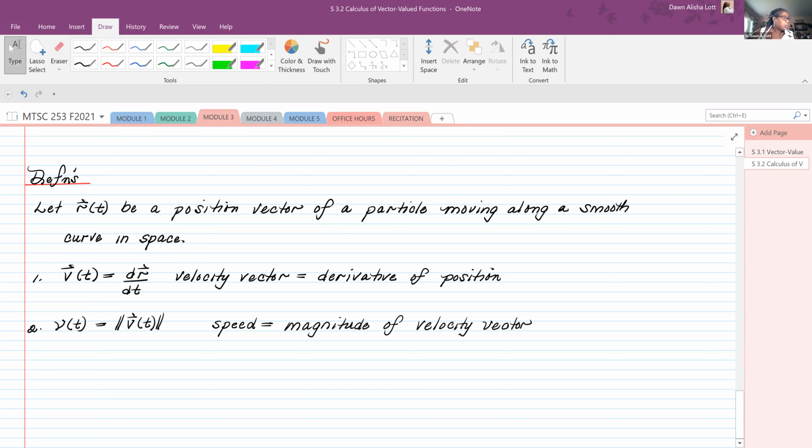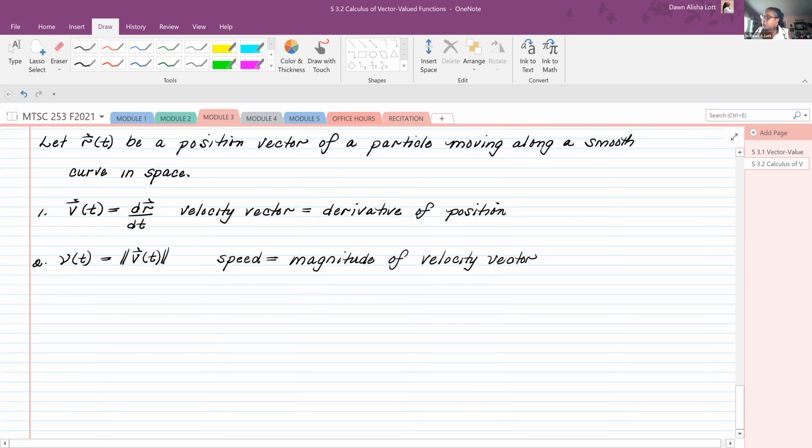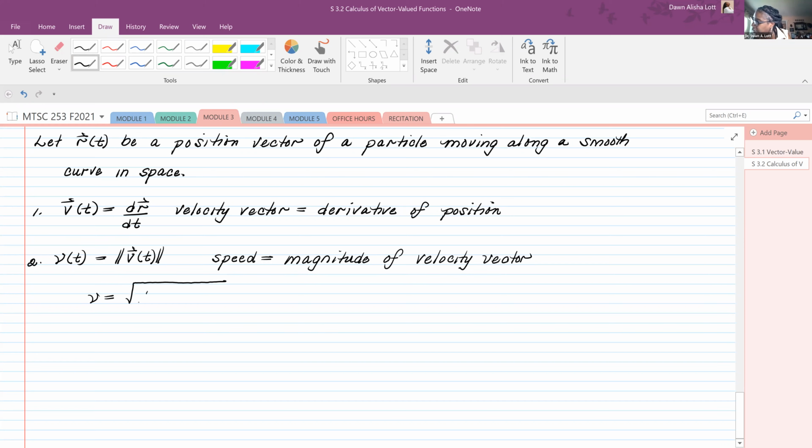So nu is equal to the square root of f prime of t squared plus g prime of t squared.